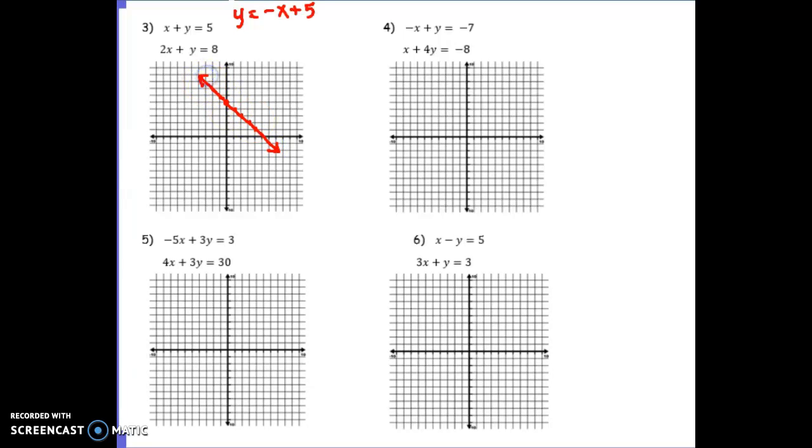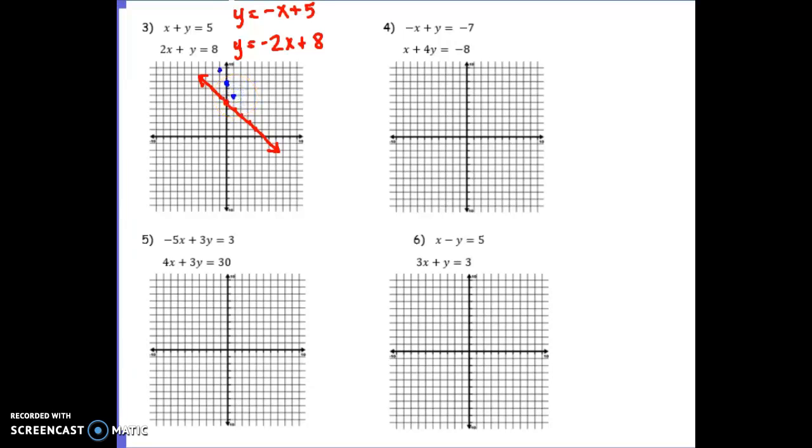Now the second one, when I bring the 2x to the other side, y is equal to negative 2x plus 8. This time our y-intercept is 8, so 1, 2, 3, 4, 5, 6, 7, 8, and our slope is negative 2, so I'm going to go down 2 to the right 1.